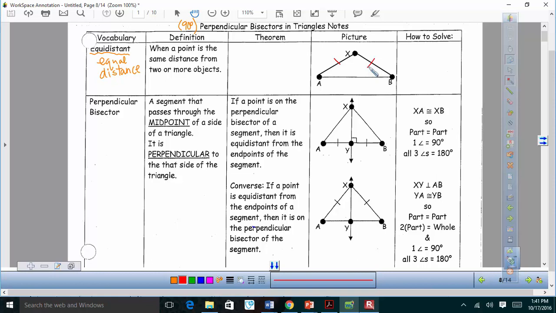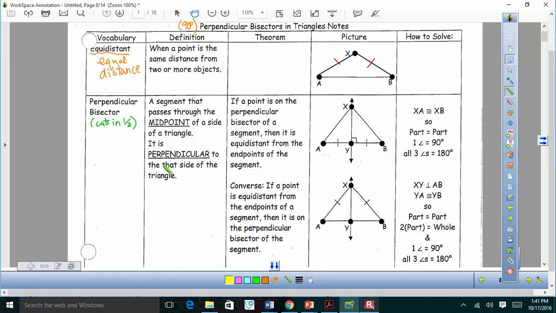Now, the definition of a perpendicular bisector. What does bisector mean again? Cuts in half. Okay? So a segment that passes through the midpoint of a side of a triangle is what a perpendicular bisector is.